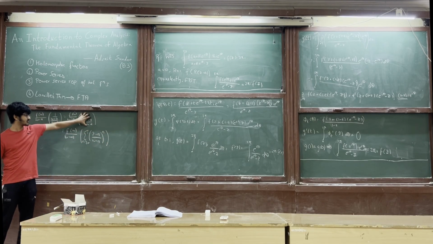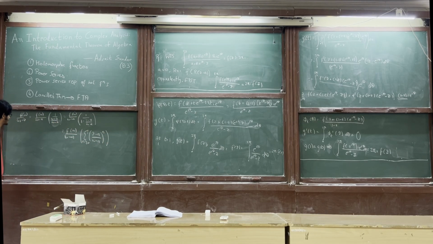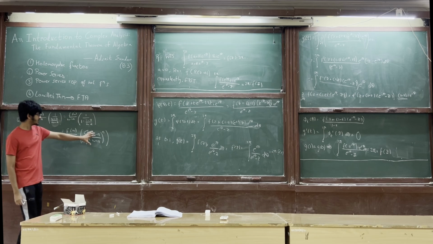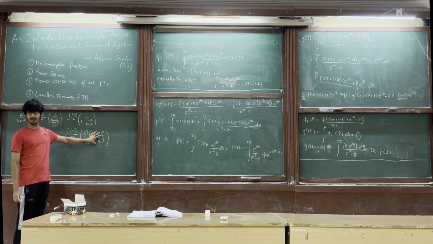This sum is exactly equal to this. This is a standard calculus sequence and series. And we see that if this quantity is smaller than 1, this will always converge, right?